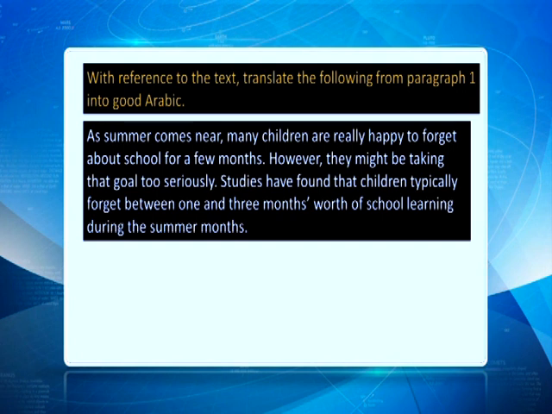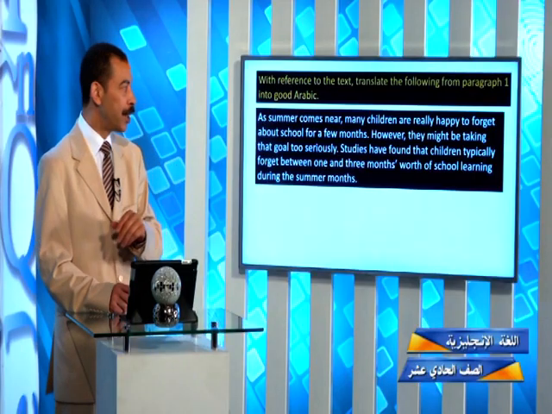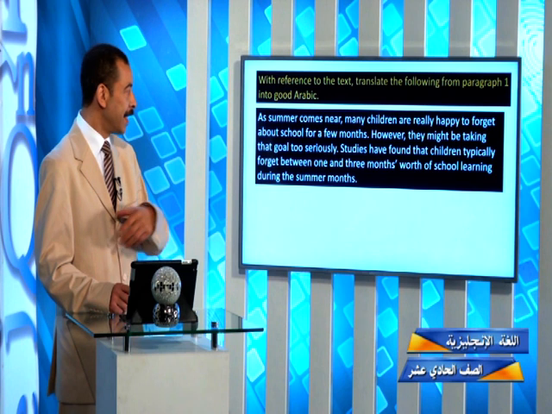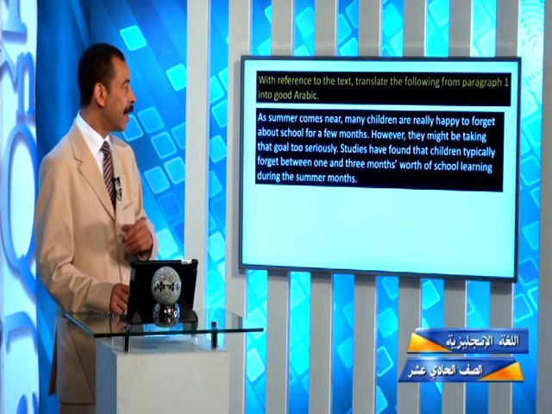However, they might be taken that goal too seriously. Studies have found that children typically forget between 1 and 3 months worth of school learning during the summer months. So the text talks about students get a summer vacation which is long and it makes them forget what they have learned.